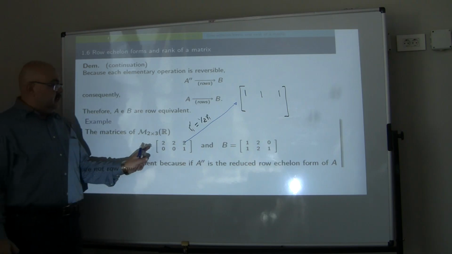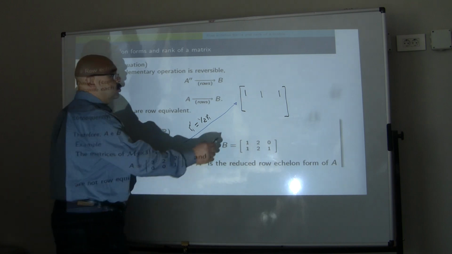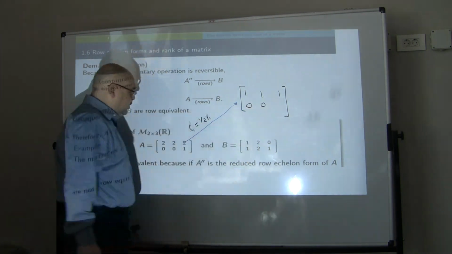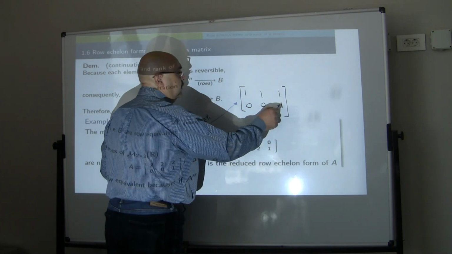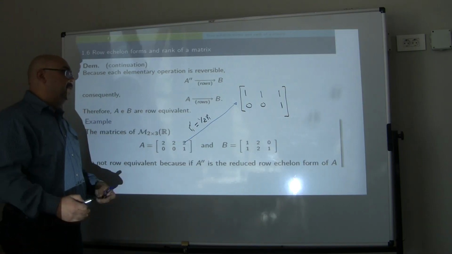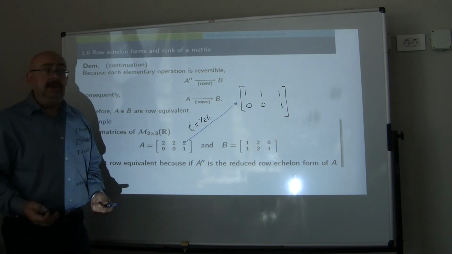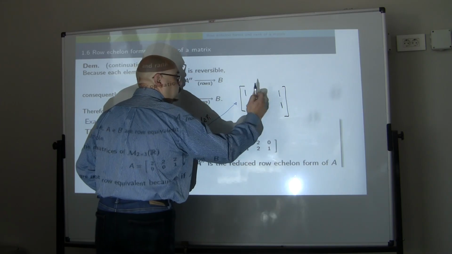The next step, we go down to the second row. The second row starts with all zeros. The first entry is 1. Okay, this is perfect. But is it the only one in its column? No. So I will have to make an extra step. I will multiply this by -1 and add it to the first row.